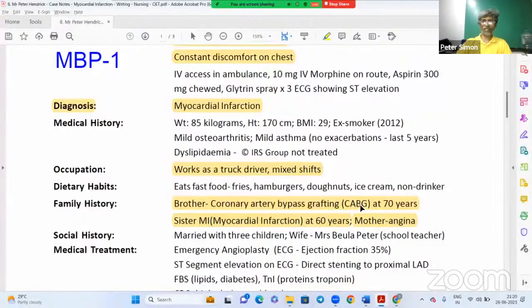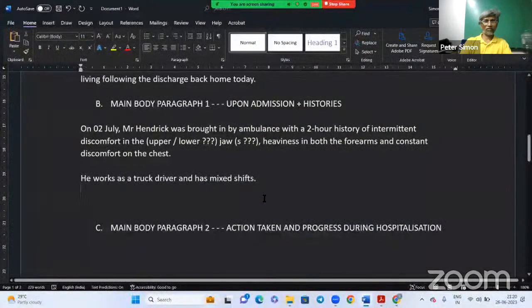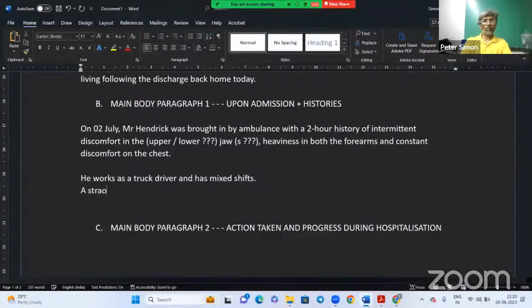Brother, sister, and mother, three people, so you can understand the seriousness of the disease in the family. Now he is also almost 45 years of age, so you can use this as a strong family history of heart disease. A strong family history of heart diseases has been recorded.